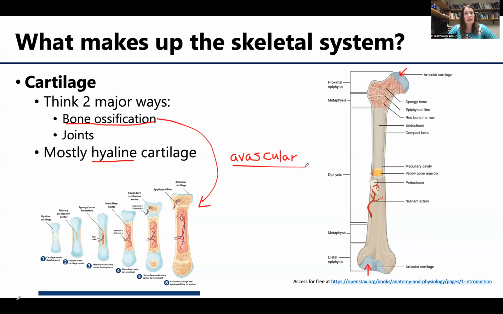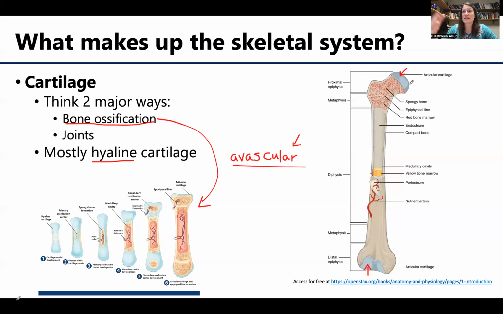And that has big implications in terms of healing. If you have damage to cartilage, it actually doesn't heal quite as well as, say, bony tissue, because you don't have those nutrients, you don't have that oxygen reaching that tissue to the same level as you do in structures that have a very rich vascular supply. So we'll come back to this as it has implications in terms of, say, osteoarthritis, because that can have damage to the articular cartilage and it can't heal.